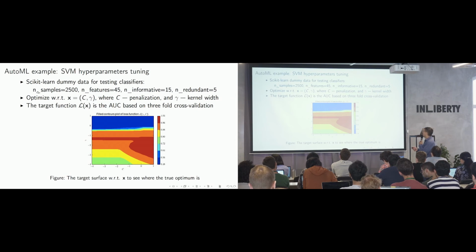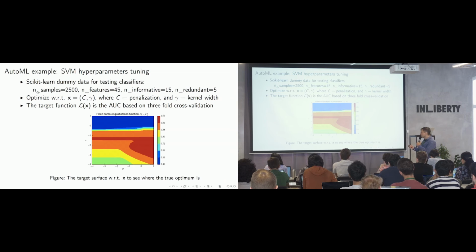This problem contains 2,500 samples. The input dimension is 45, and among these 45 features, only 15 are informative.